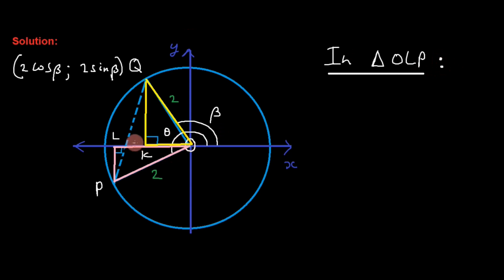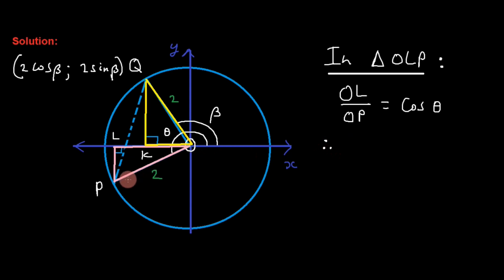Also note that OL here will be the x coordinate at point P, and LP will be the y coordinate at point P. So let's start with OL. We know that OL over OP is going to be the adjacent side to angle theta, OL, and OP of course is the hypotenuse. So OL over OP will be the cos of theta.